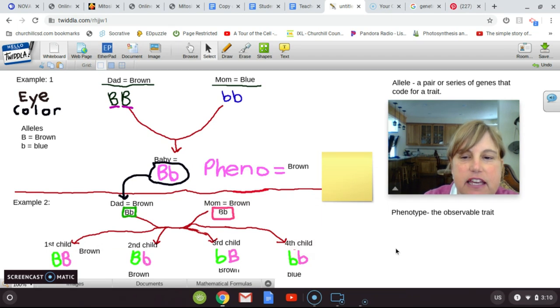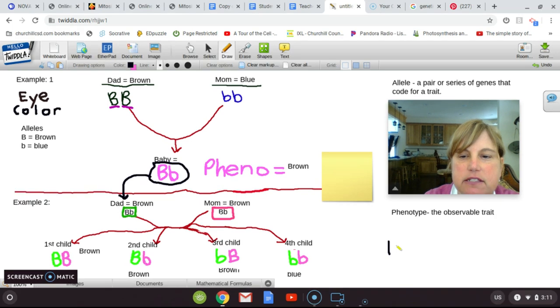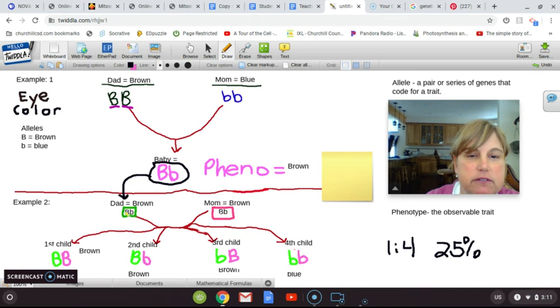And since it's a 1 out of 4 chance that they would have a blue-eyed child, or you could say that's a 25% chance that your child's going to have blue eyes, and that's when both parents are carriers of the blue-eyed gene.